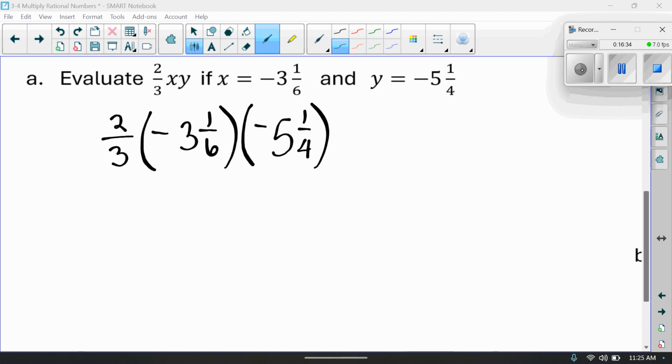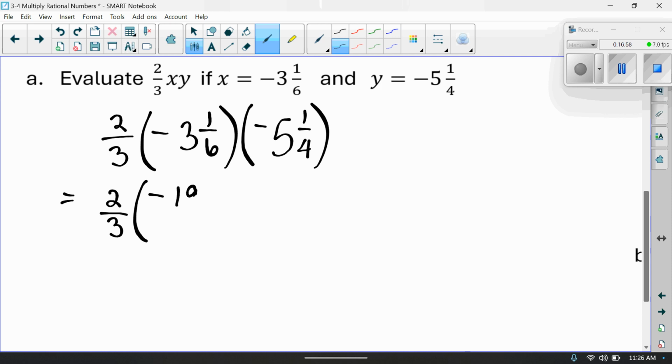So let's do it. The 2/3, do I need to change that? No. So we'll just bring that down. 2/3 times. Now this is going to be a negative, and you guys remember how to change mixed numbers to improper fractions again? Okay. So 6 times 3 is 18, plus 1 is 19.